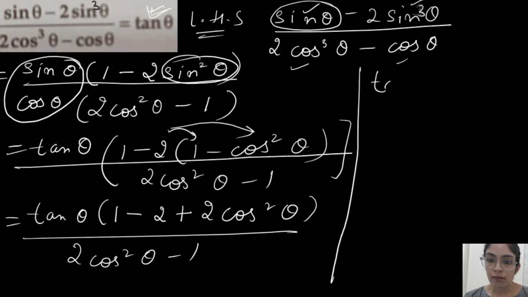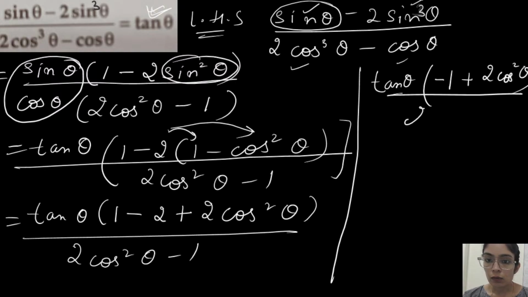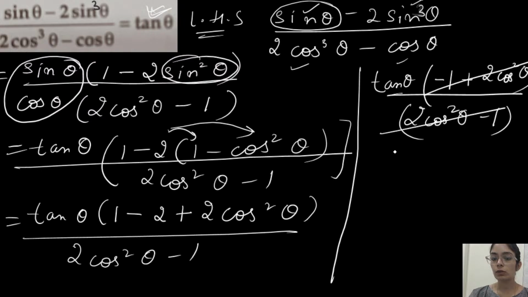Tan theta as it is, 1 minus 2 is minus 1, because with the greater number the negative sign is there. So minus 1 plus 2 cos square theta by 2 cos square theta minus 1. See, these two terms are the same, 2 cos square theta minus 1, so these two will get cancelled. So we will get our answer equal to tan theta, and this is equal to the right hand side also.